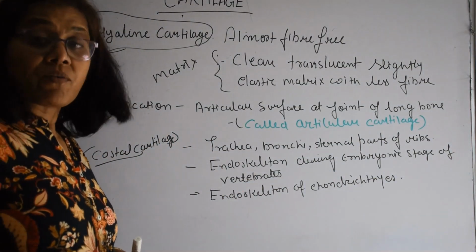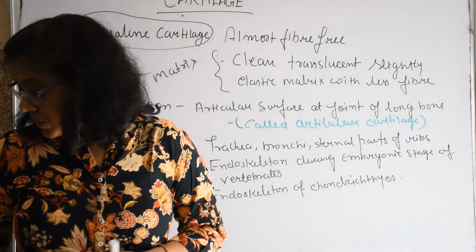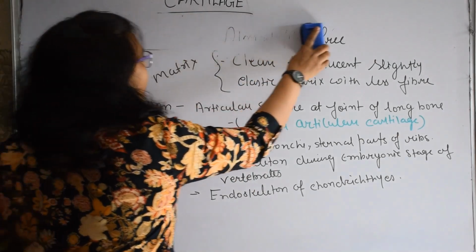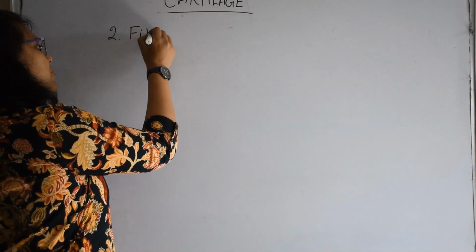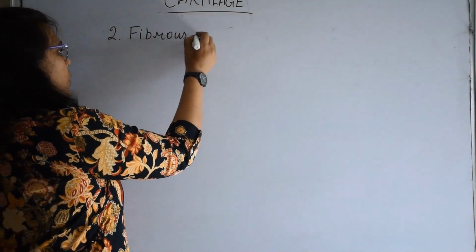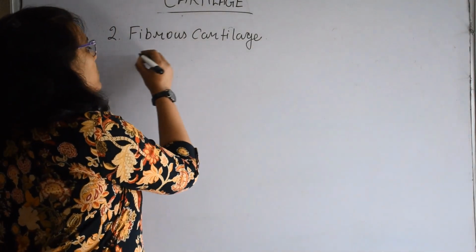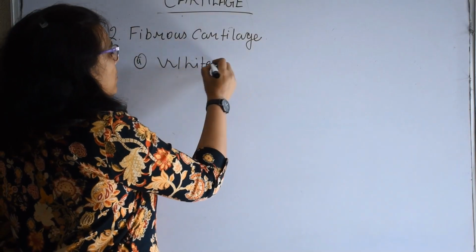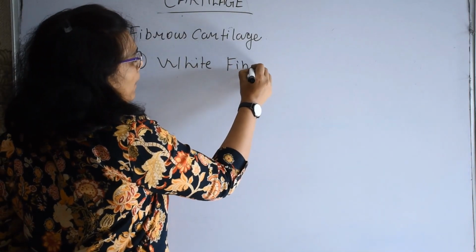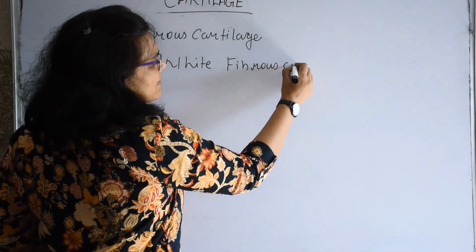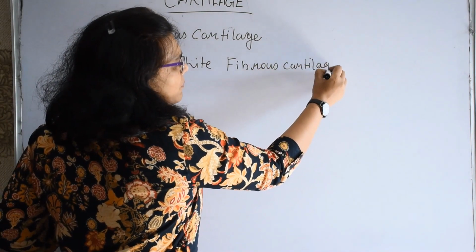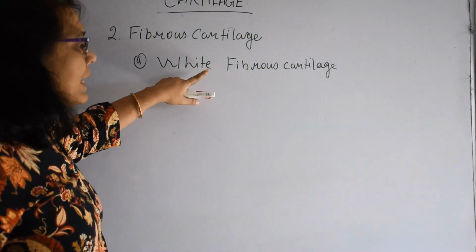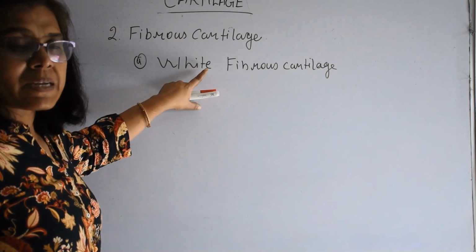The second type of cartilage is fibrous cartilage, and fibrous cartilage is of 2 types. The first one is white fibrous cartilage. Here the name describes itself: in the matrix white fiber will be present.